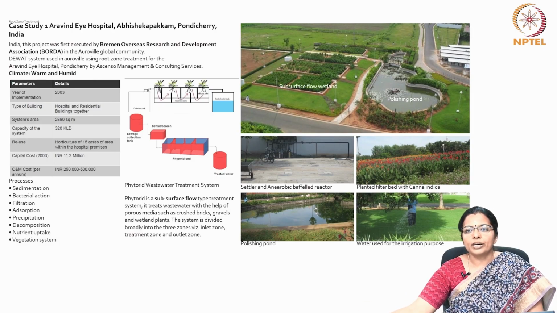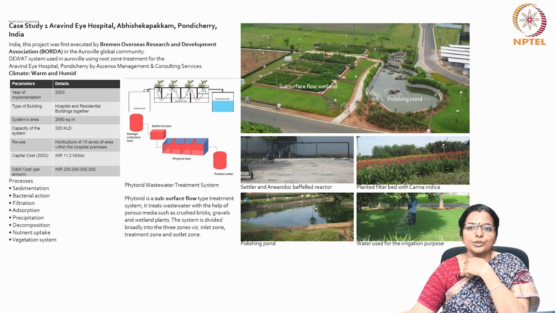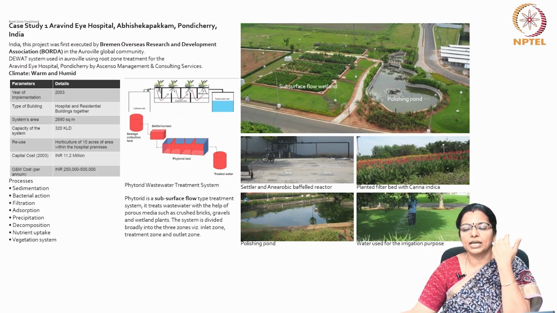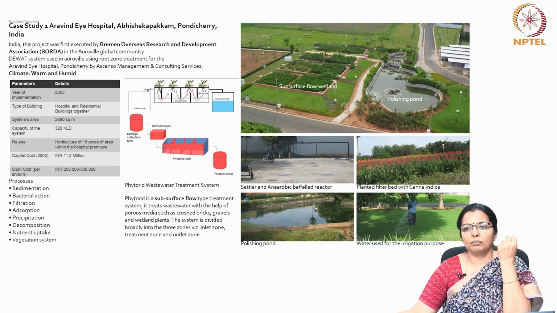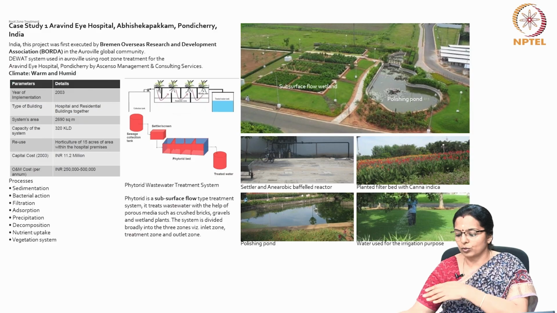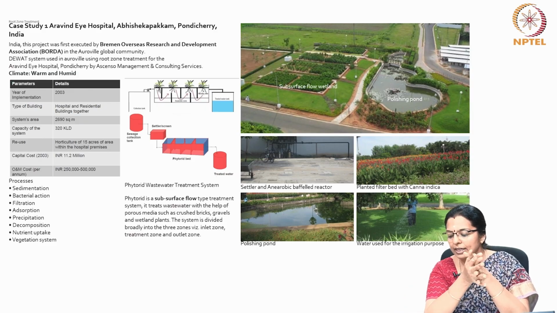Phytorid, which is a subsurface flow type treatment system, is used to treat the wastewater with the help of porous media like crushed bricks, gravels, and wetland plants. This system is divided broadly into three zones: inlet zone, treatment zone, and outlet zone. The water which comes out of the outlet is used for irrigation purposes.